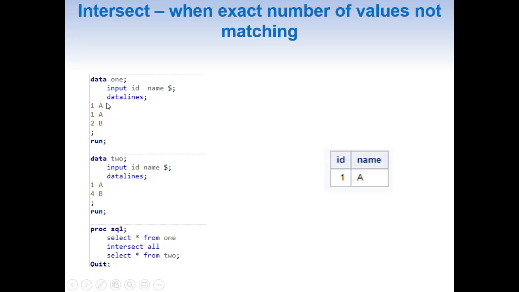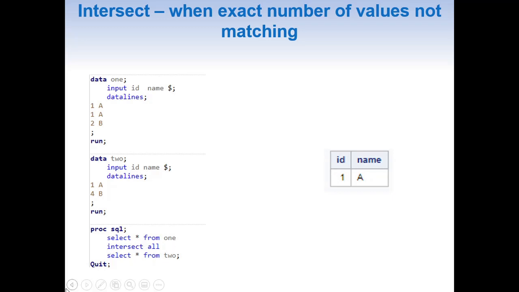But if you look into the observations, I have 1A, 1A, 2B in data 1, and here I have 1A and 4B. After intersect all, we are going to get the result as 1A. Why are we not getting 1A, 1A and 1A? Why are we just getting a simple 1A, even though we have intersect all?